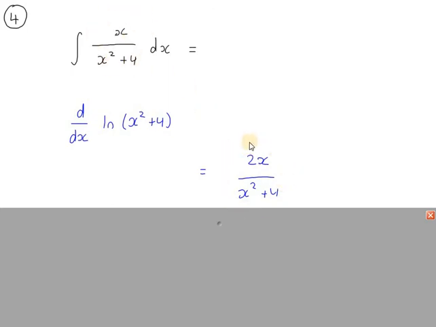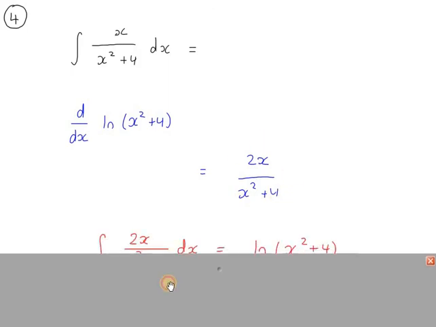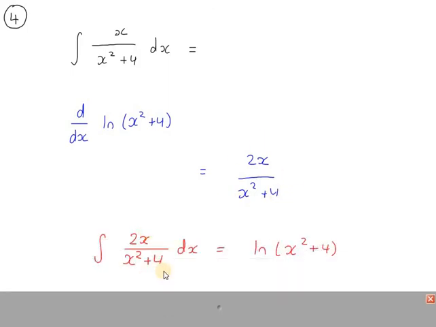Yeah, they're very similar. I could multiply by a constant or divide by something and they would be the same. So if I differentiate this function, I get this. So if I integrate this function, I get ln of x squared plus 4, and that's the order in which I need to write things.